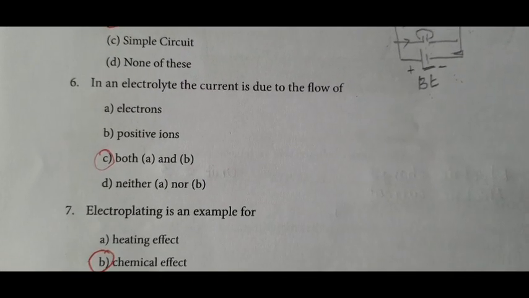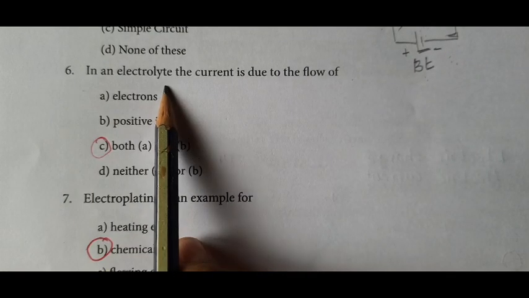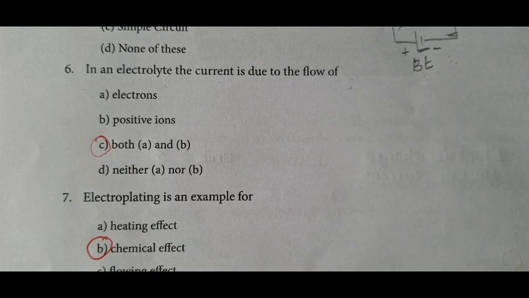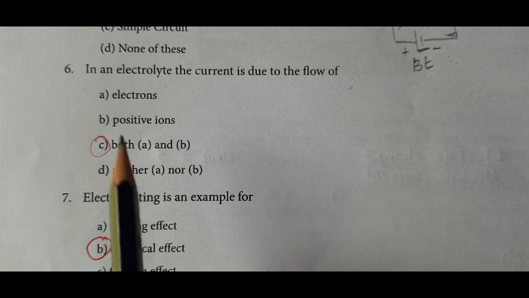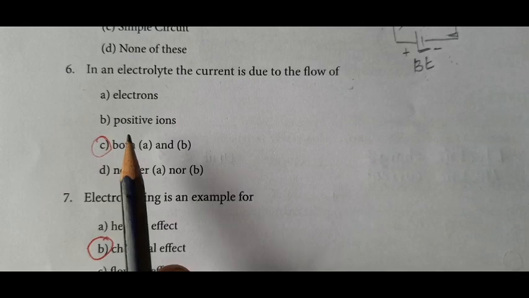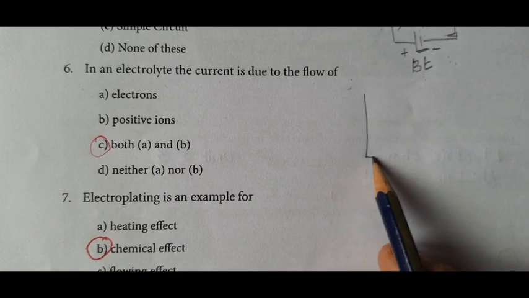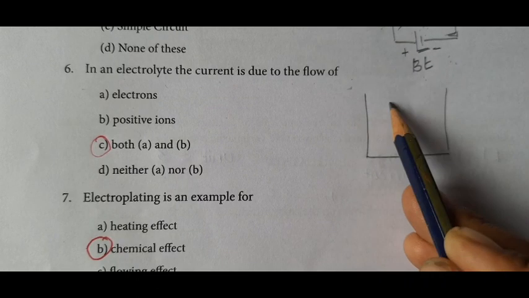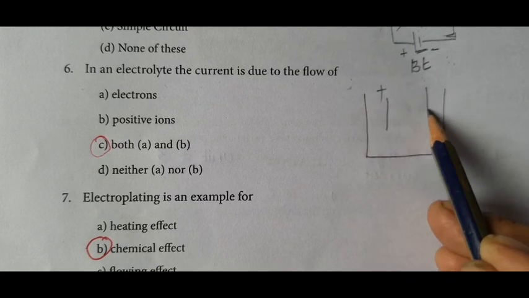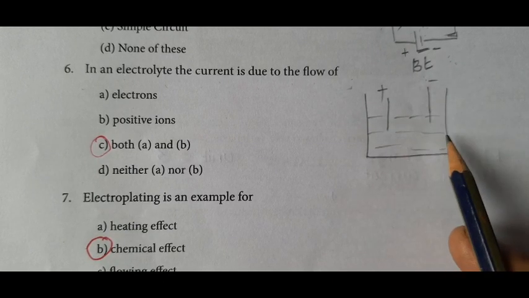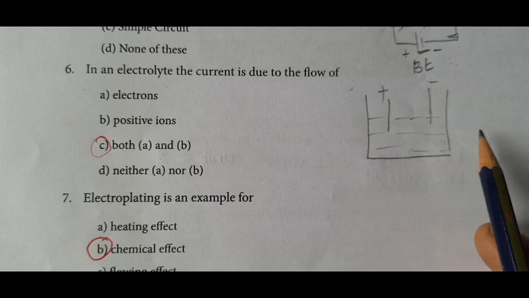Sixth question: in an electrolyte, the current is due to the flow of. Usually the current is the flowing of electrons only, which is called electric current. Here the question asks about an electrolyte. For example, take an electrolysis process, with positive and negative electrodes and an electrolyte solution like hydrochloric acid.